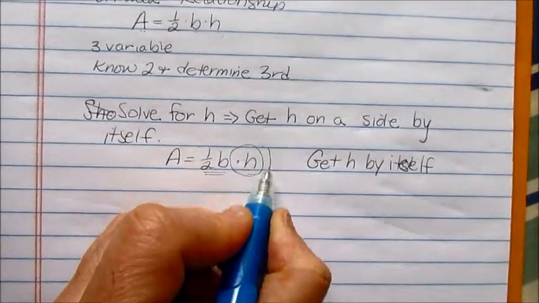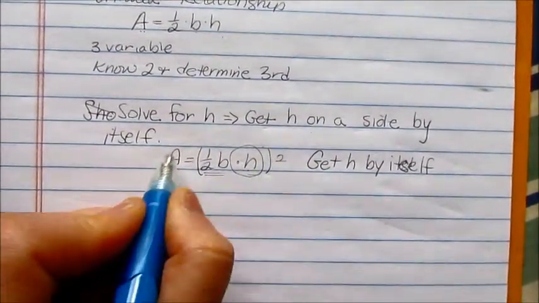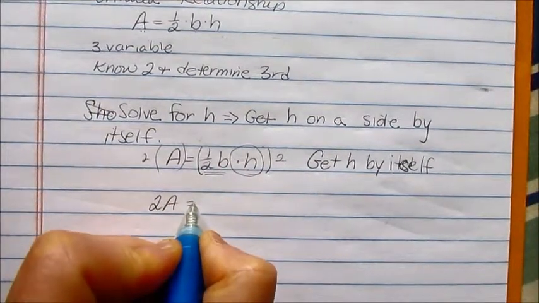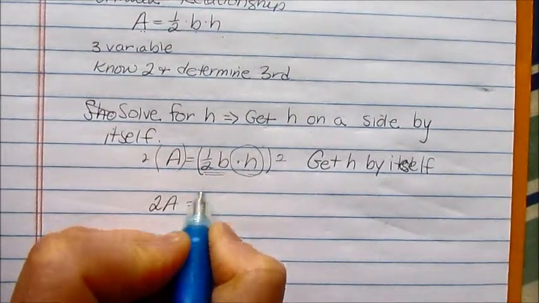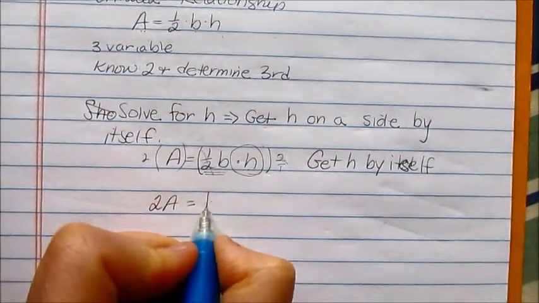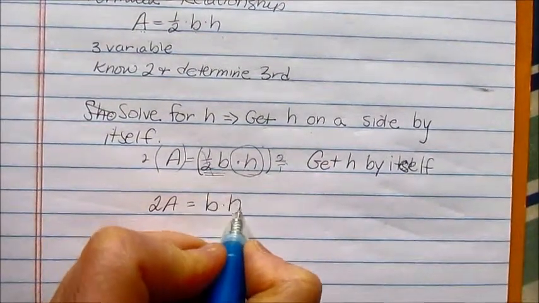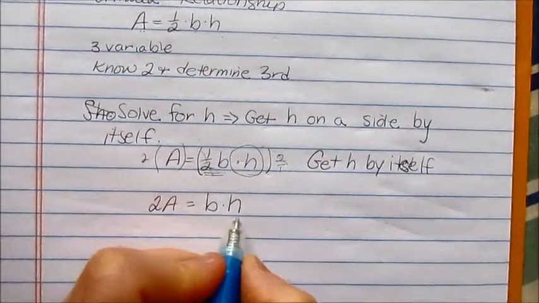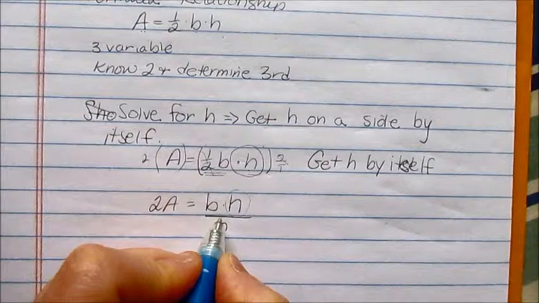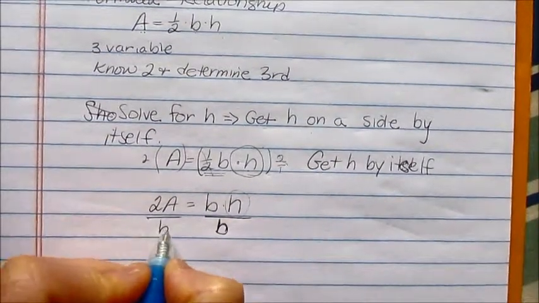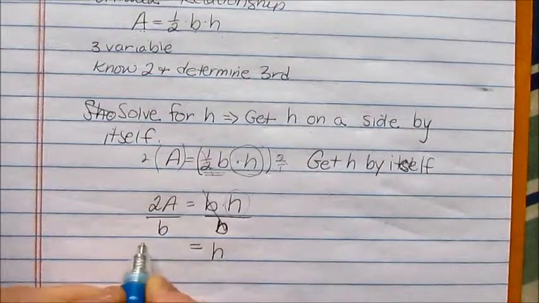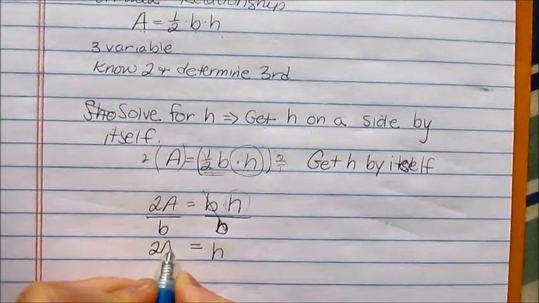So I want to multiply by 2 on both sides. The left side becomes 2a, and on the right side, 1/2 times 2 over 1 is 1. Remember, I'm solving for h, so I need to divide by b. Those cancel out, and we end up with h all by itself, which was our goal.